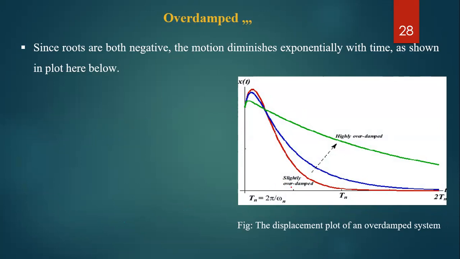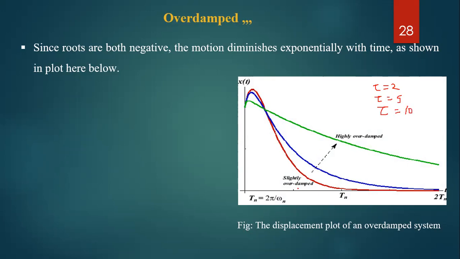If it is slightly overdamped, that means if the value of zeta for the overdamped system is equal to, for example, 2, zeta is equal to 5, zeta is equal to 10.